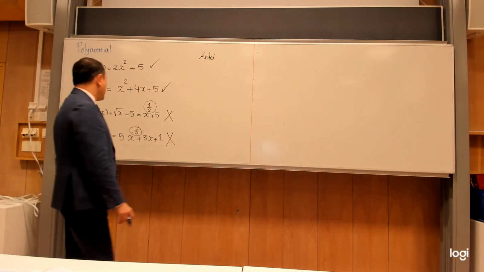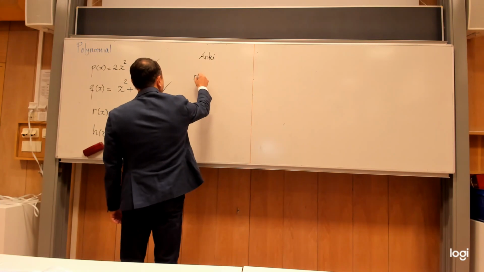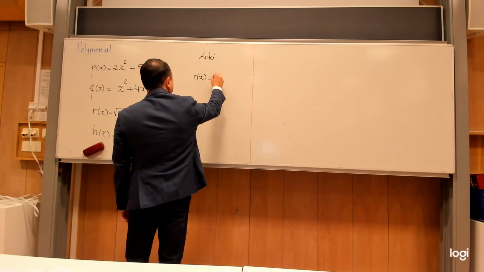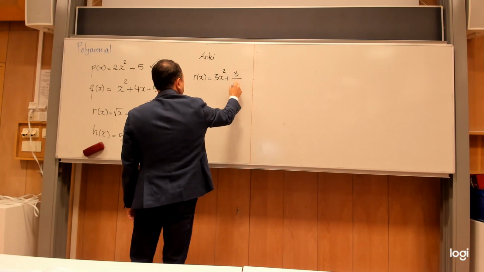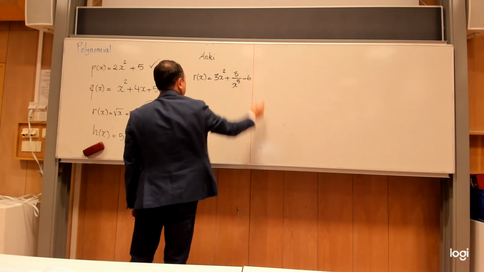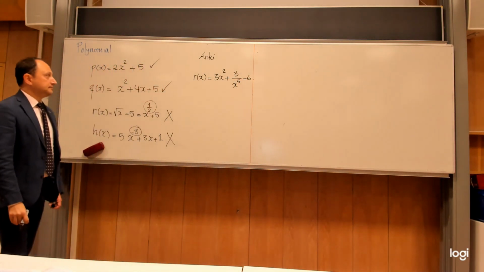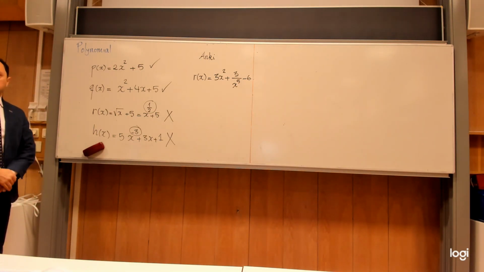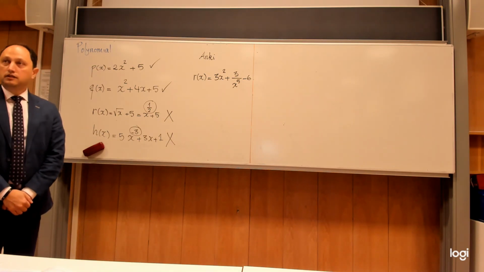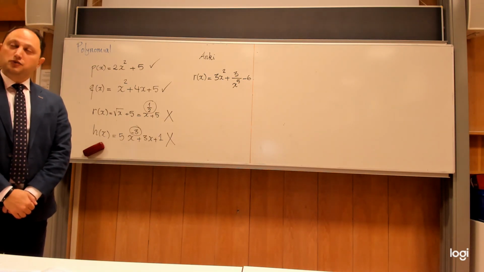Yes? Now let me ask you, do you think that this is a polynomial or not? Is this a polynomial? No. Yes or no? No. Yes, Tristan? Polynomials can have division. Yes, why not?